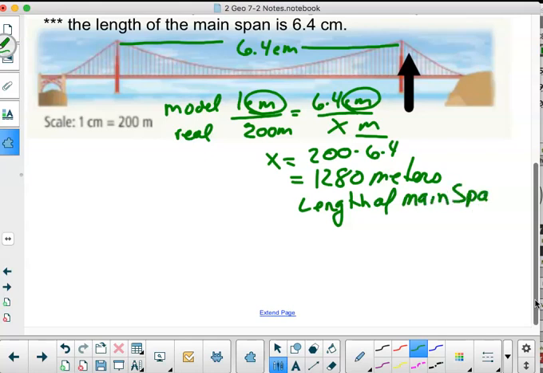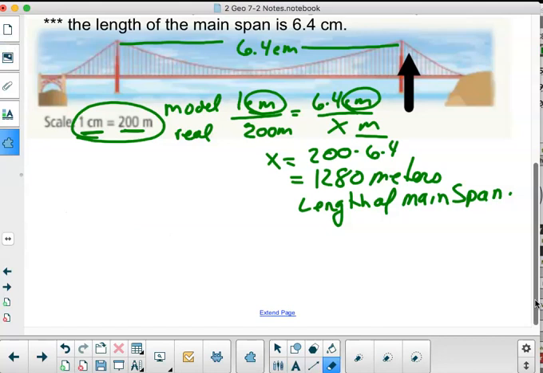Now, there are other ways to do these problems sometimes. And I want you guys to realize that you went through science, and this is a conversion factor. I know that 6.4 centimeters is what I was provided. And when I'm given a conversion factor, and I want my answer in meters, real life, this is a different way.